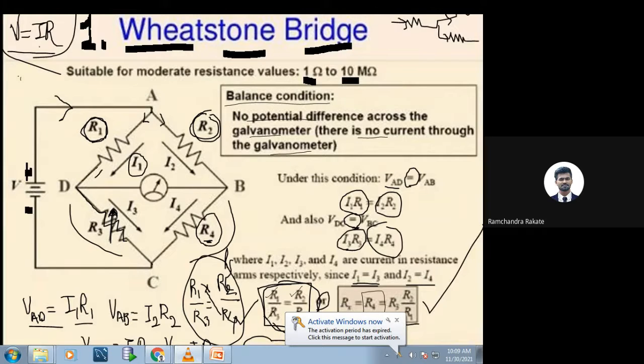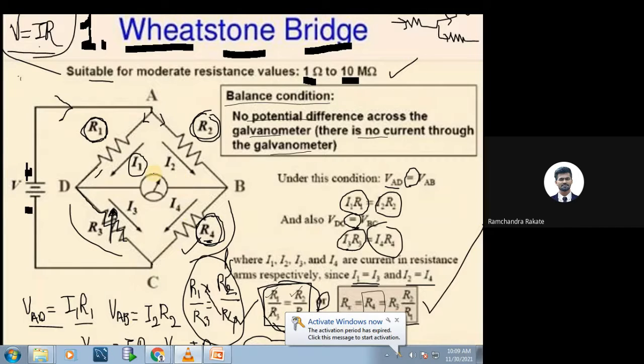Clear? So 3 to 4 MCQs will form here: the ratio arm resistors are located at the entrance side, and these are denoted as R1 and R2. Mostly R4 is the one for which we are going to find the value of the unknown resistance. It belongs to the range of 1 ohm to 10 mega ohm.